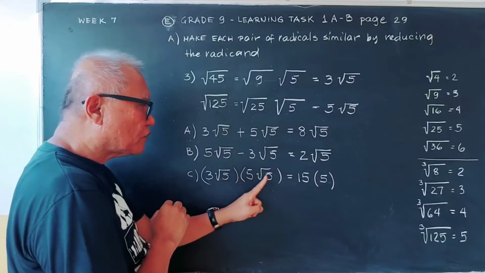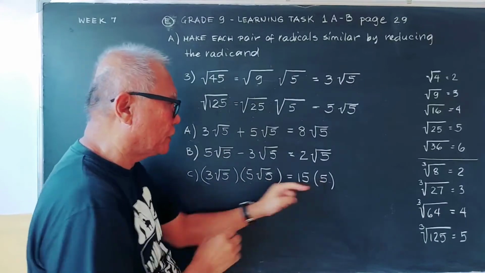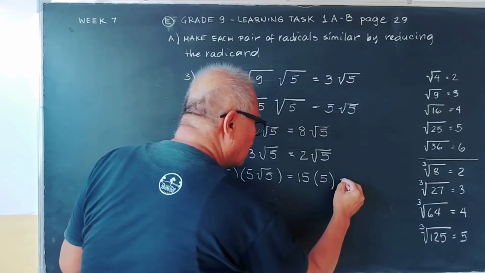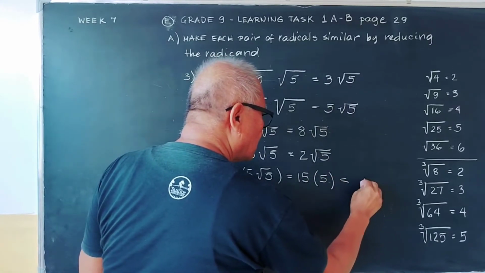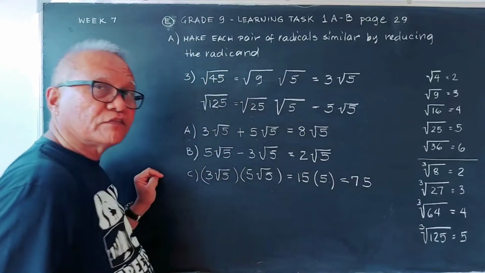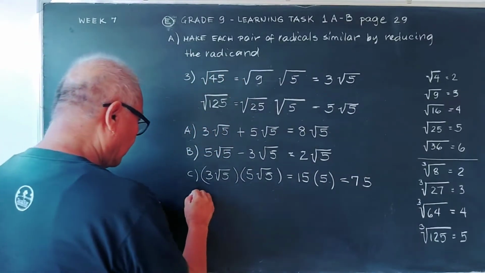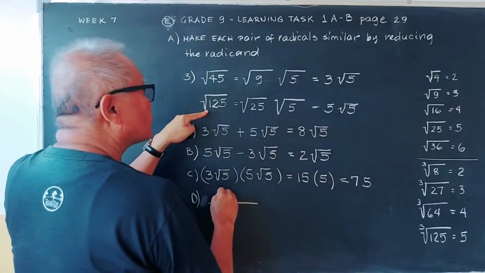Square root of 5 to square root of 5, square root of 25, square root of 25 is 5. Ayun. Tapos ita-times na yun. 15 times 5, 5 times 5, 25, carry 2, so we have 75.